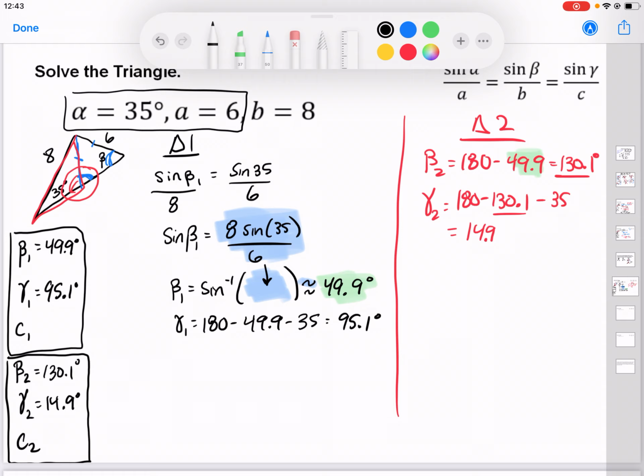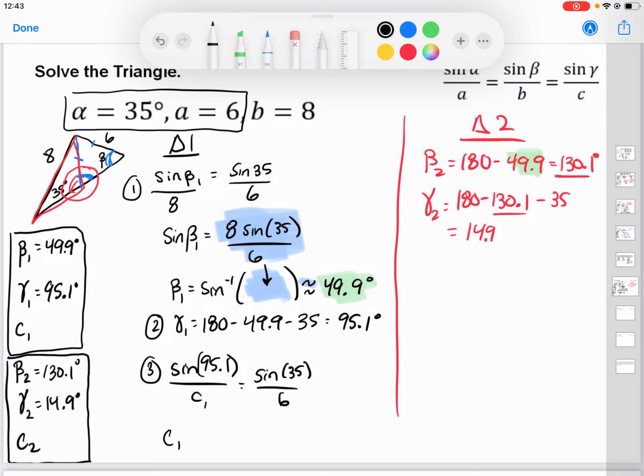And then the last thing I would need to do is find side C. So this was like step 1. This was like step 2. So step 3 would find side C. And I would go ahead and use, so we've got sine of, we got to use gamma. And we're doing this for gamma 1, so 95.1 over C1. And then I'd use our original information because it's going to be the most accurate still, there's no rounding we've done.